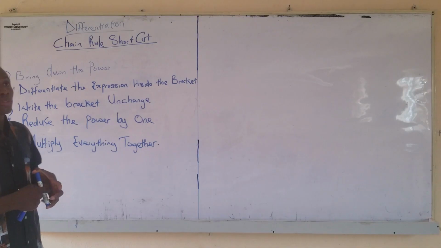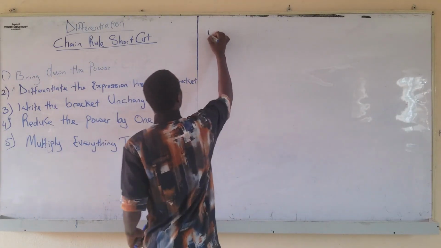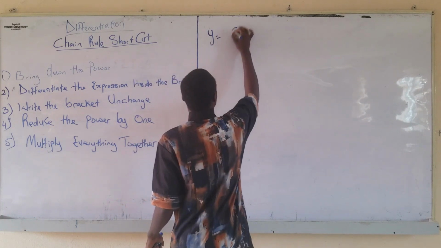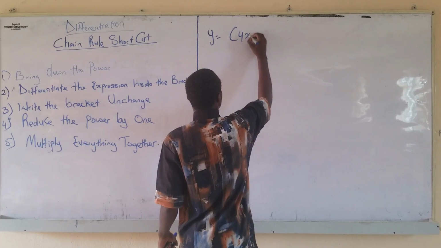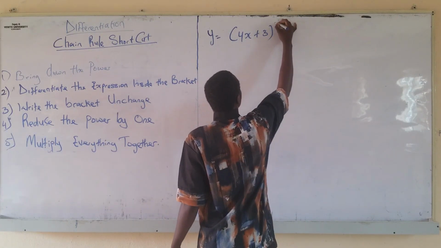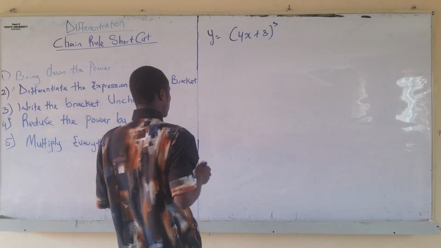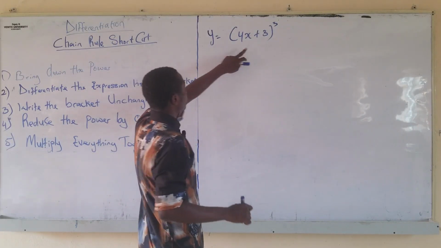Let's take an example to see how it works. Let's say y is equal to (4x + 3) raised to power 3. Then we have to differentiate y with respect to x.